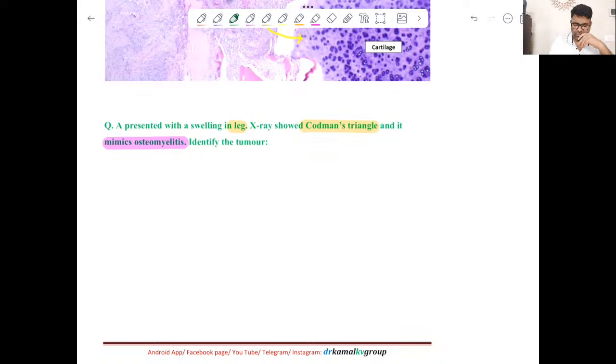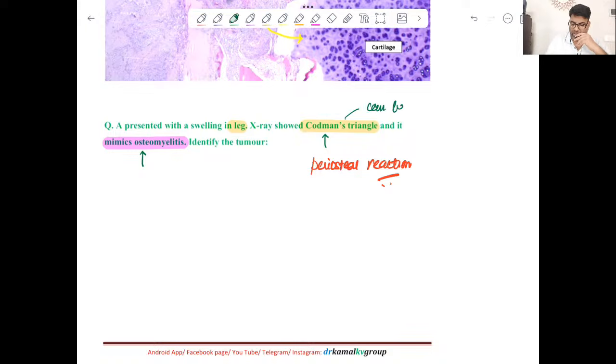That there is Codman's triangle and the tumor is confused with osteomyelitis. Now when we say Codman's triangle, it is actually a kind of periosteal reaction, and most of the students, the moment they hear the word Codman's triangle, they think of osteosarcoma. Yes, it is also seen in osteosarcoma, but it is not specific to osteosarcoma, right?